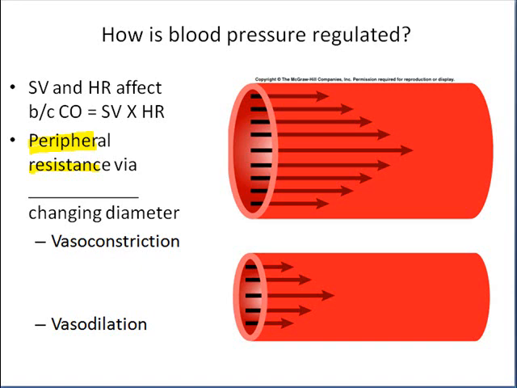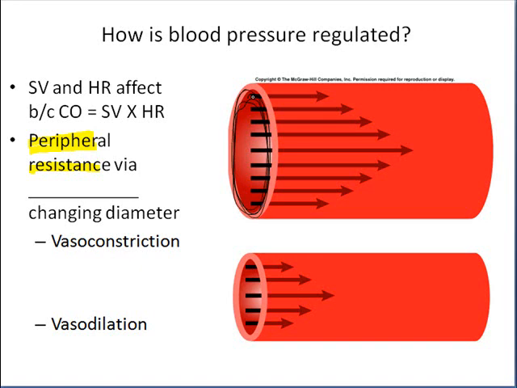Now remember I said by definition that blood pressure is the force of erythrocytes pushing against the endothelium, the interior surface of a blood vessel. So it should make sense to you that if I alter the shape of the blood vessel, if I constrict the diameter, or if I dilate the diameter and make it larger, that's going to impact how many red blood cells are actually coming into contact with the endothelium, with this internal wall.